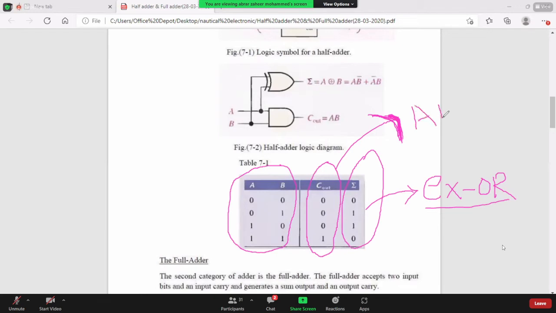Equivalent to the AND gate. It is equivalent to the AND gate.